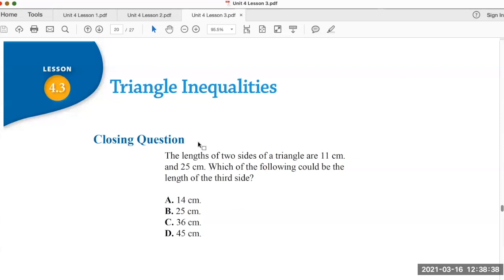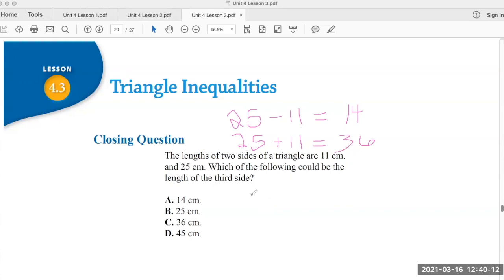So it's quite simple. You just look at it as the difference and the sum of the two values. What is the difference between 25 and 11, and what is the sum of 25 and 11? Well, one gives you 14 and one gives you 36. These are the bounds, upper and lower bounds, of the third side.